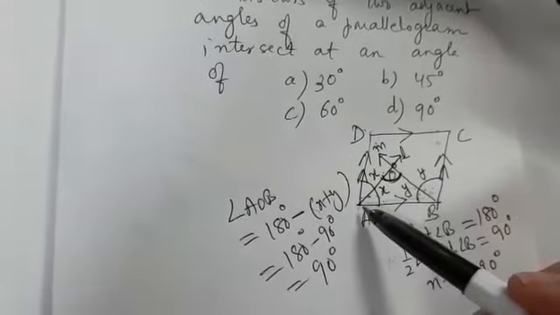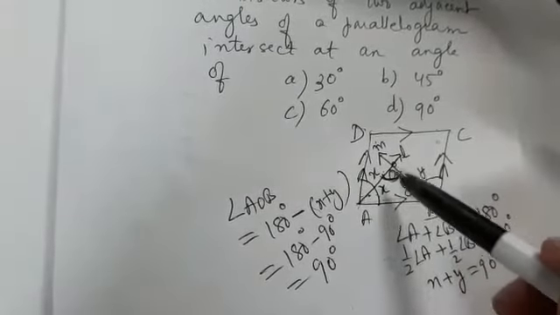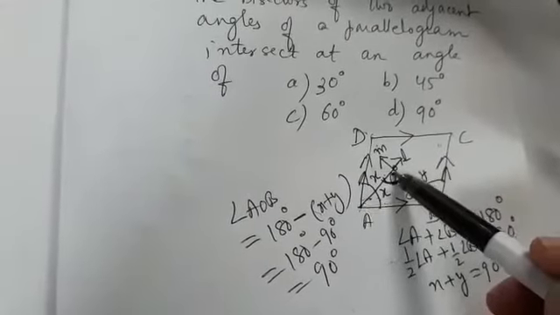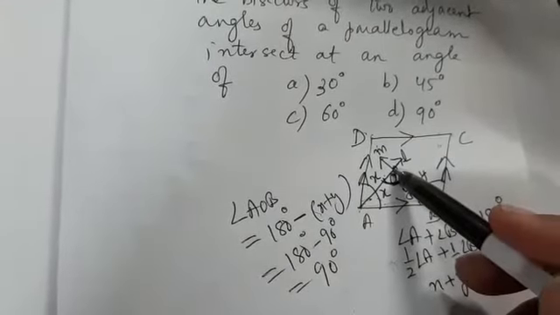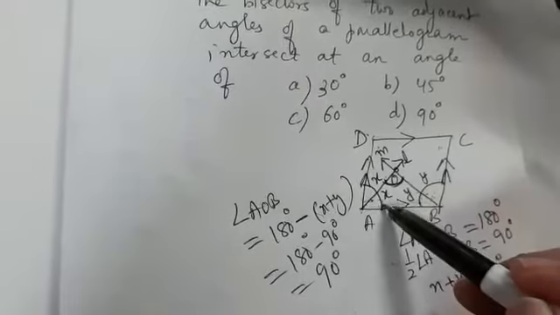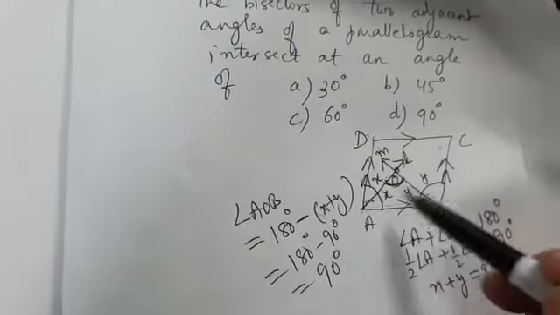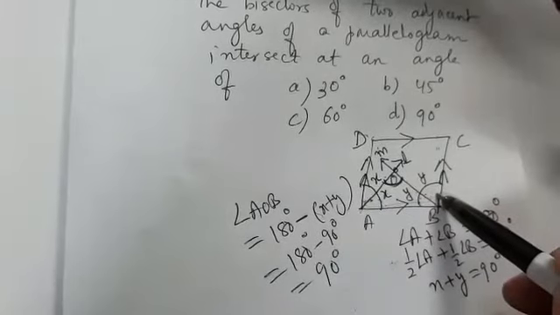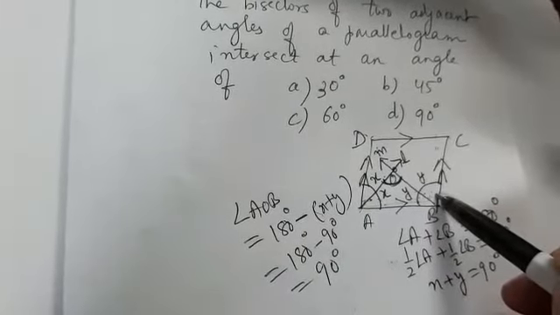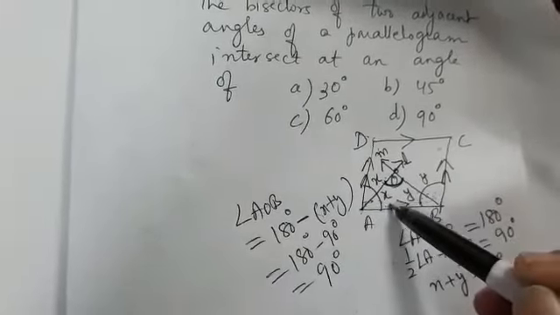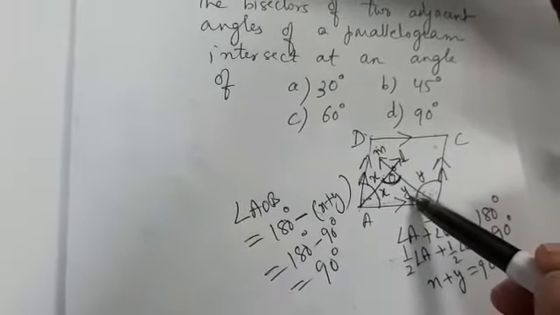So here what we have done, we have drawn the bisectors and then we have assumed that the bisectors are intersecting at the point O. Then we have taken that angle A plus angle B is 180 because they are making a pair of co-interior angles. Then half of A plus half of B will be 90.